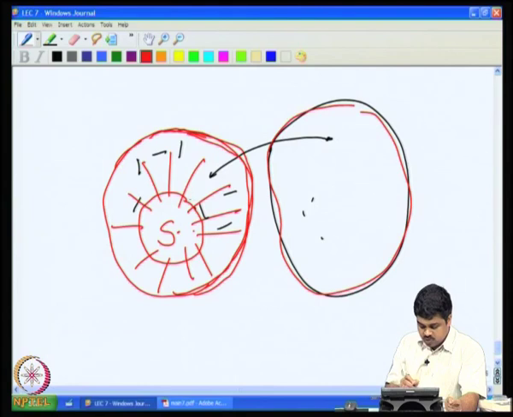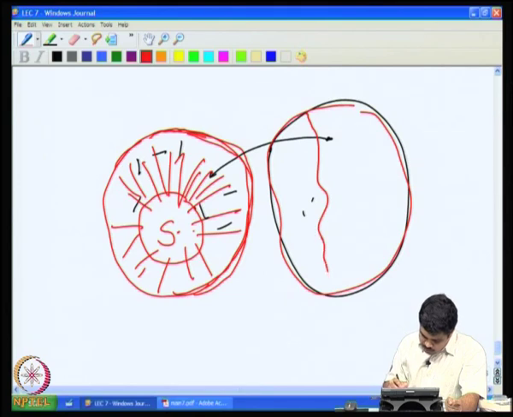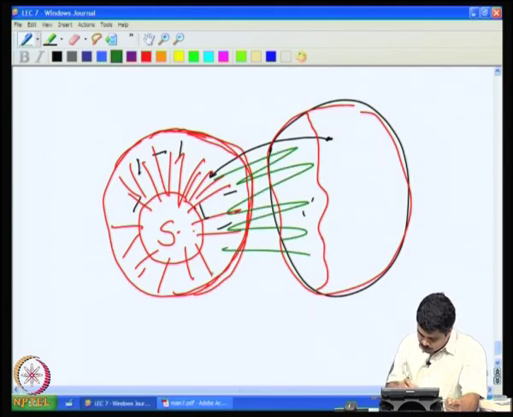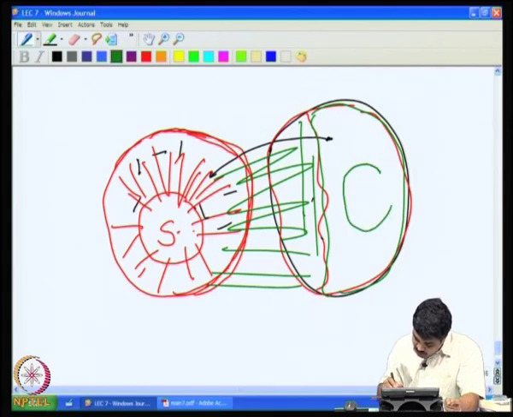So now we should assume that S can definitely dominate all the vertices in this part, but it will be able to dominate only a little bit from this side. Let us say it is able to dominate this much. So, this is the remaining part which is not dominated by S. What we do now is pick up a maximal independent set in this induced subgraph.